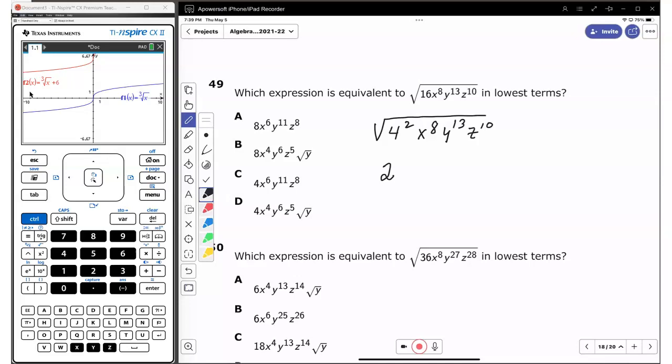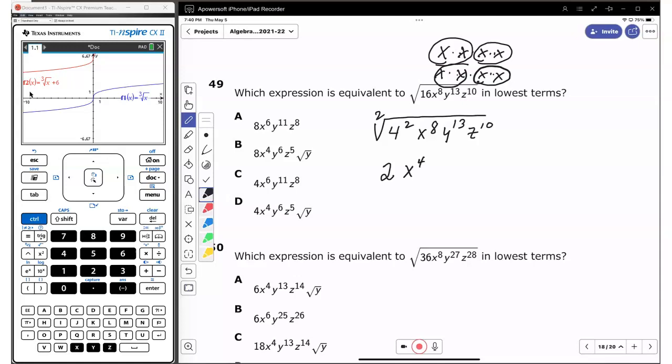X to the 8th, we have x times x times x times x, x times x times x times x. So we want groups of 2 since the index is 2. The square root of x squared is x, the square root of x squared is x, the square root of x squared is x, the square root of x squared is x. So it's just simply 8 divided by 2 gives you 4 groups. So we have x to the 4th.